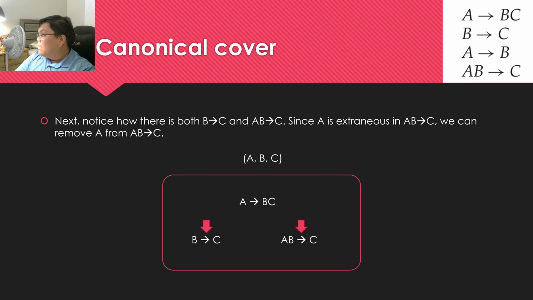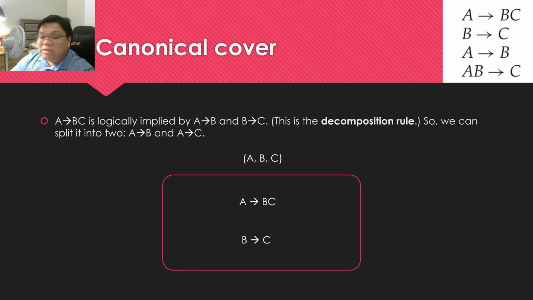We can apply more rules of inference to the remaining two functional dependencies, B determines C and AB determines C. Since B alone is enough to determine C, in the union of A and B, A is extraneous information that isn't necessary to determine C because B alone is able to determine C. That means we can remove the A, which is basically the same as eliminating AB determines C altogether.